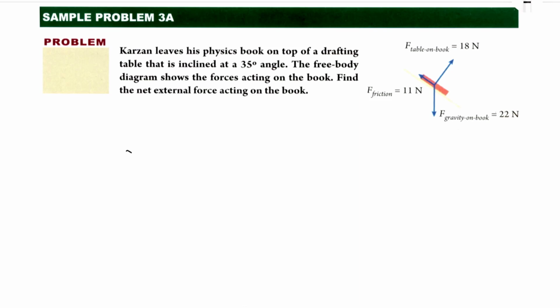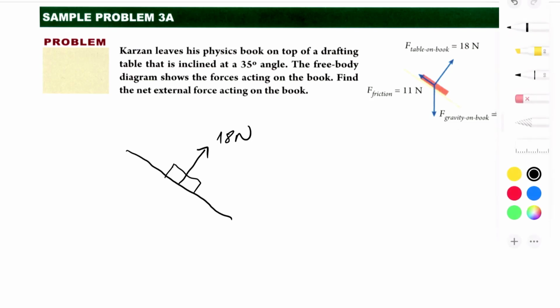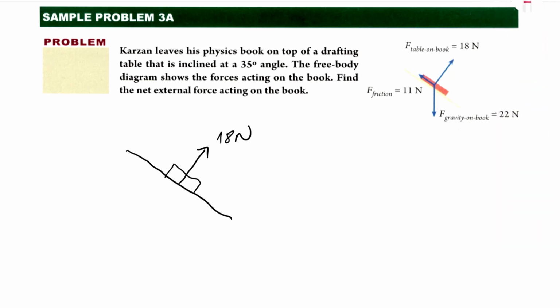Let's draw it here. This is the book, and this is the one force, F table on the book, which is 18 Newton. And here, in this direction, we have F friction, which is 11 Newton. And the gravity on the book is 22 Newton.